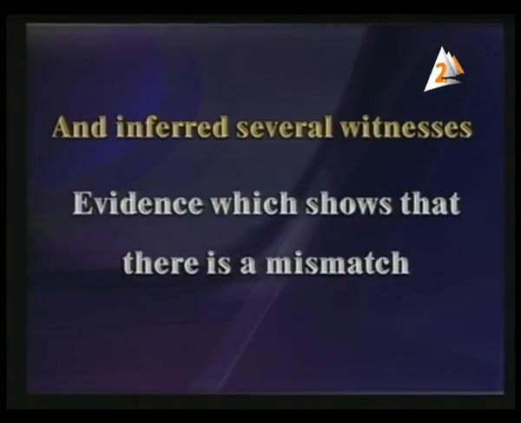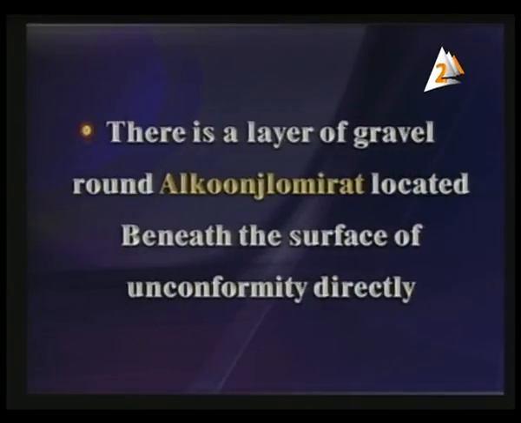We have several pieces of evidence for the unconformities. We have evidence which shows that there is a mismatch between the two types of lithofacies, between the lower and the upper layer.